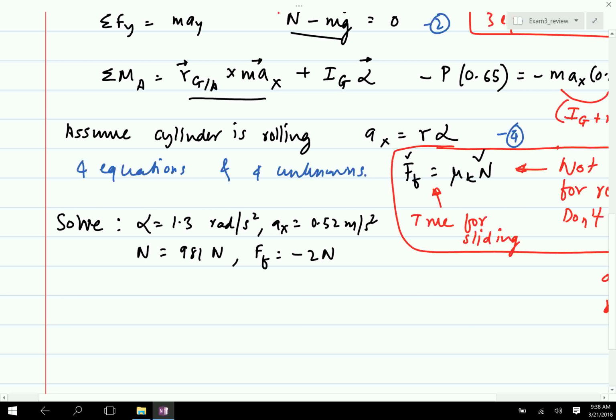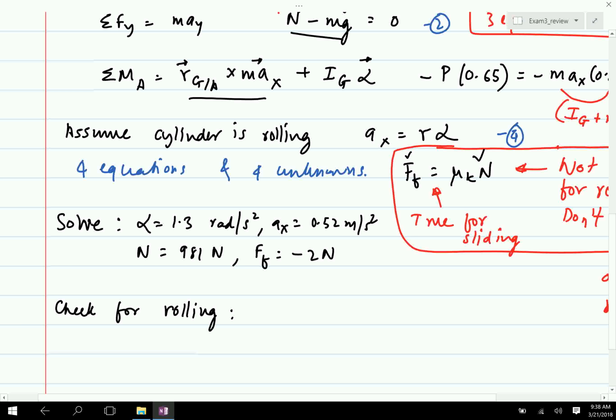So once you get to this point, you've solved the four equations, four unknowns. You need to do this check. Check for rolling. So how do you check for rolling?